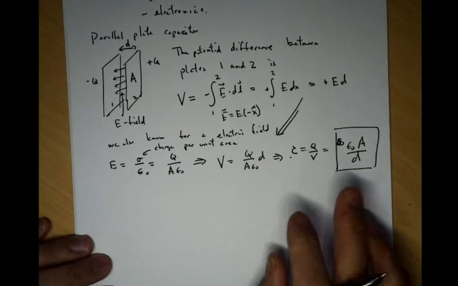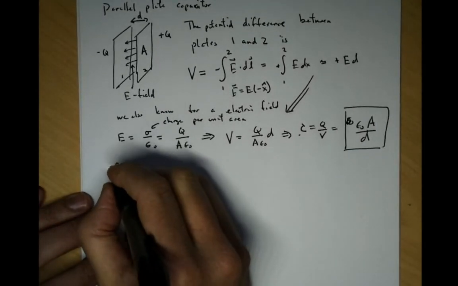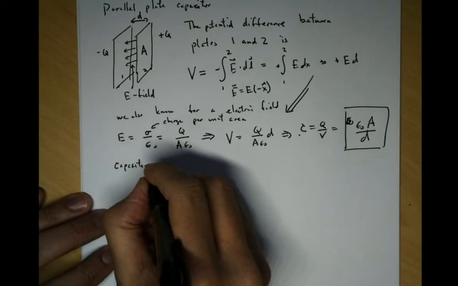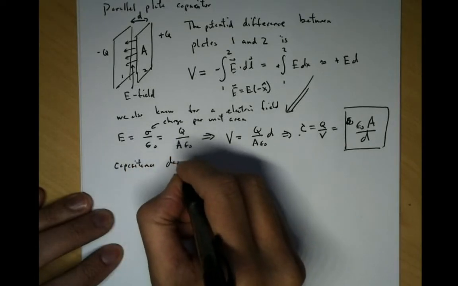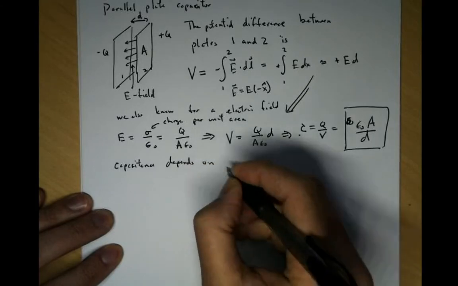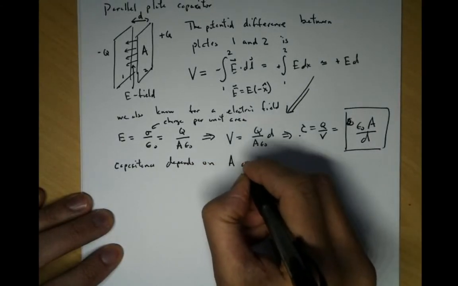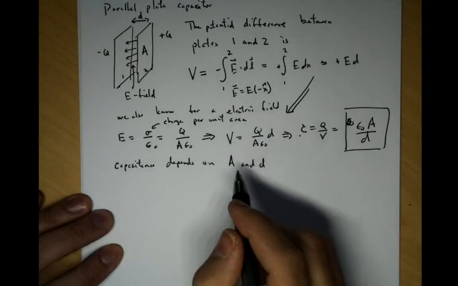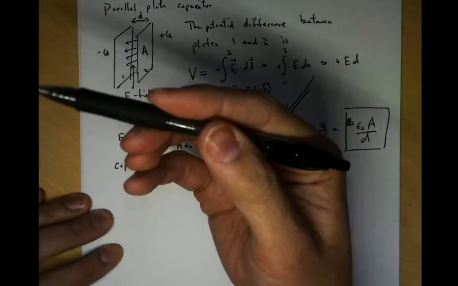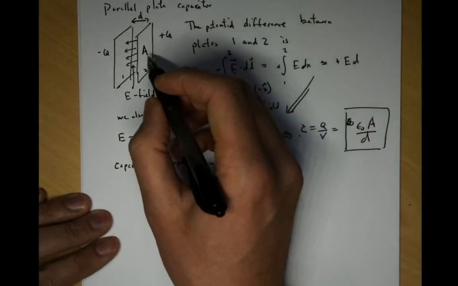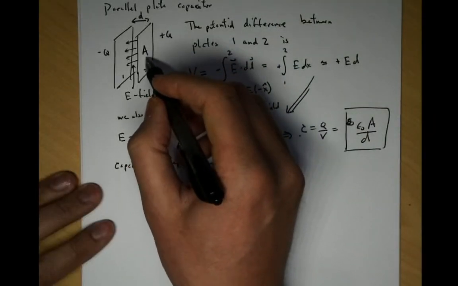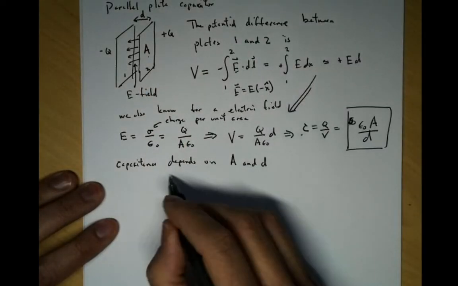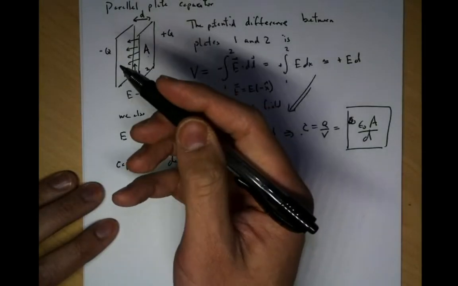So the capacitance here depends on A and D. What's interesting about this? A and D tell you it's essentially the geometry of the problem. There's a certain area, there's a certain distance between the plates and stuff like that. It doesn't depend on Q, for instance, the charge. It just depends on that.